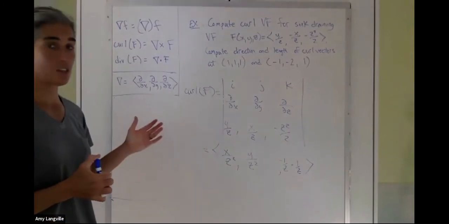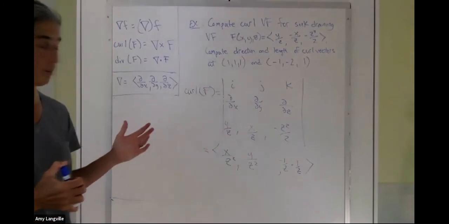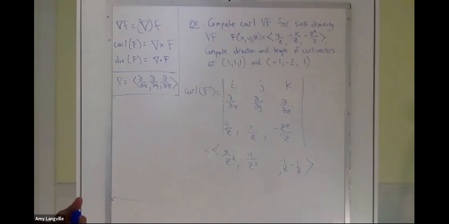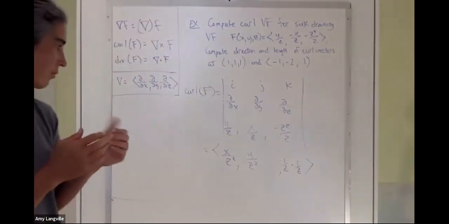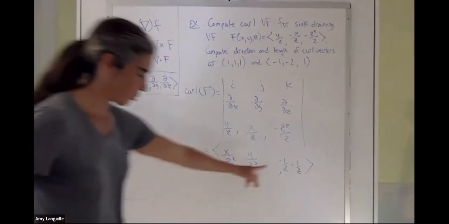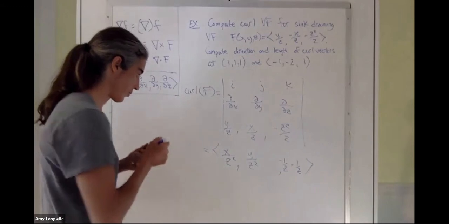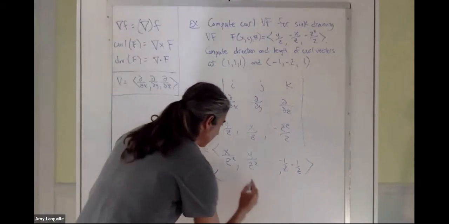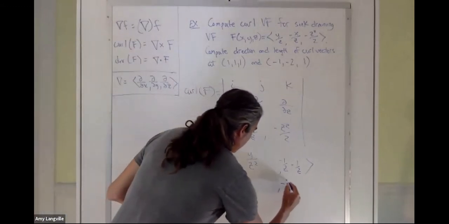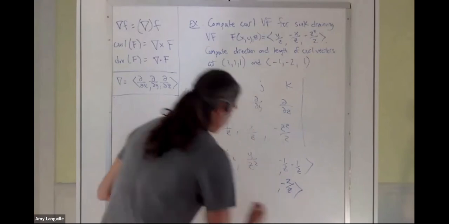Okay, so there's the computation of our curl. We can combine some terms at the end. That's minus 2 over z.